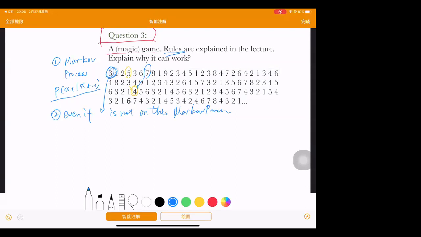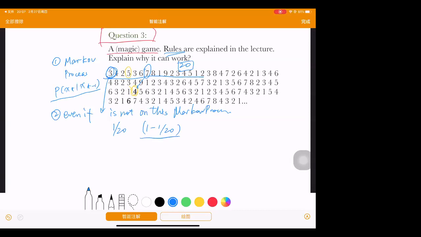You may launch into a different process. Then what's the probability? If I want to quickly evaluate that over the first 20 numbers, you have a chance of 1 out of 20 of falling onto this Markov chain. Then the probability that it will not fall on this Markov chain is 1 minus 1 over 20. That's not on this chain.